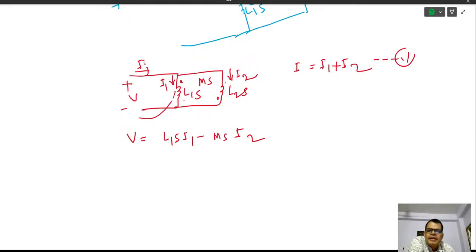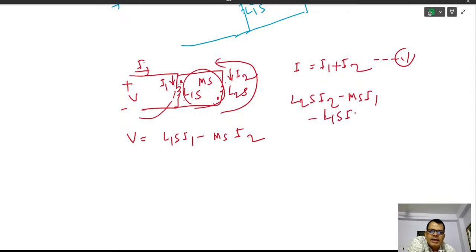Because here three variables are there, we need to relate between V and I. Now the second equation you can write in this loop, which is L2S I2, then it is entering the dotted terminal, so this will be positive and this will be negative, so minus MS I1. Then it comes to L1 because you are traversing this way, so I1 is entering here, so this is positive negative, so minus L1S I1.